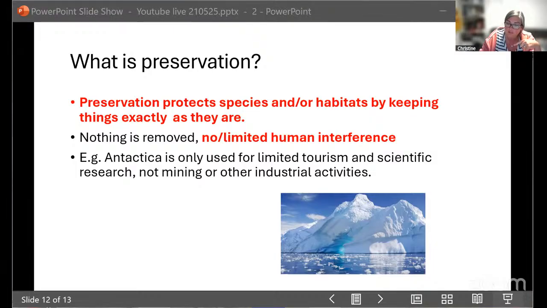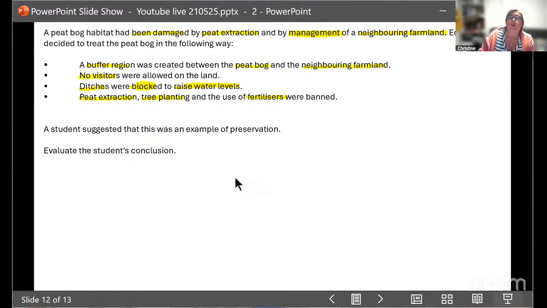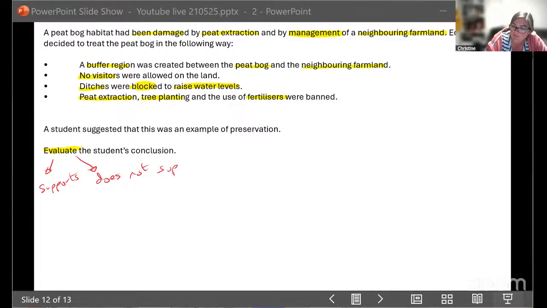If we go back to the question, the fact that they stated there were no visitors allowed shows that it's preservation. And since they've said evaluate, you want to give points that support and points that do not support.